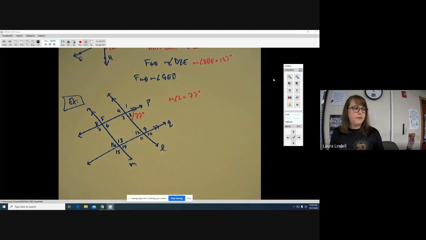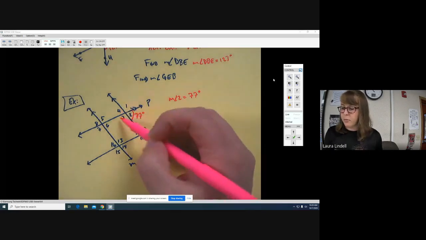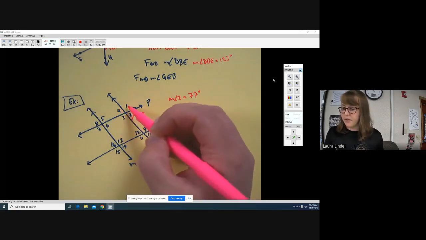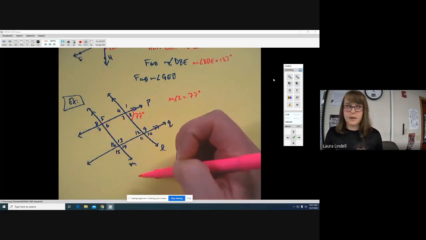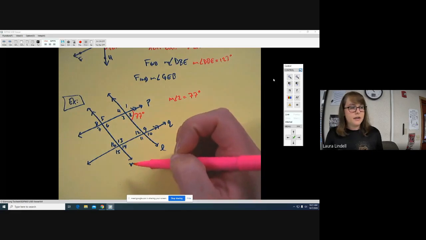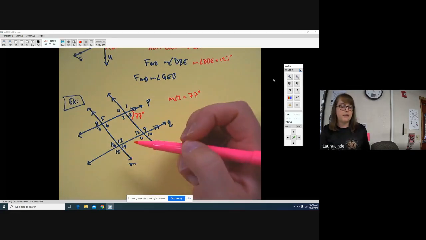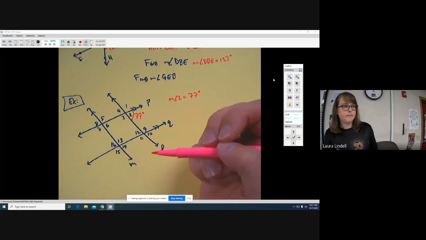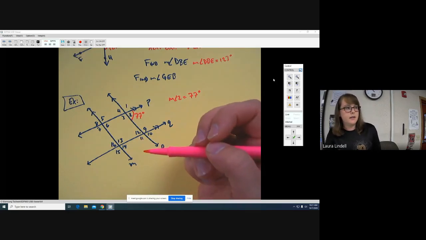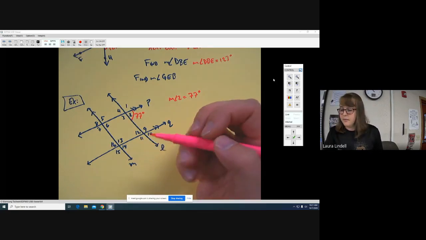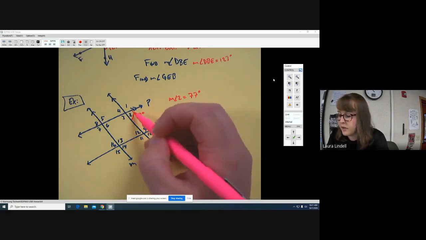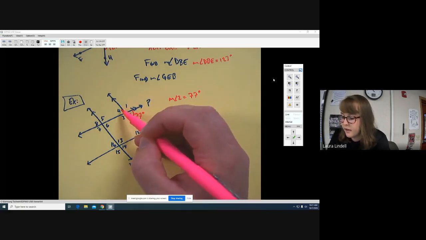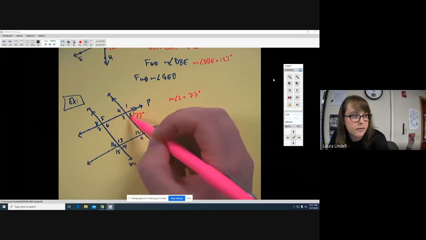So now what I might do here is go find all the other angles that are 77. Or you could start by doing this entire pod and figuring out what all these angles are and then copying it to all of the others. There's a couple different options that you've got there. So let's just start with, if angle 2 is 77, what's angle 4 going to be, since it's vertical angles with angle 2?